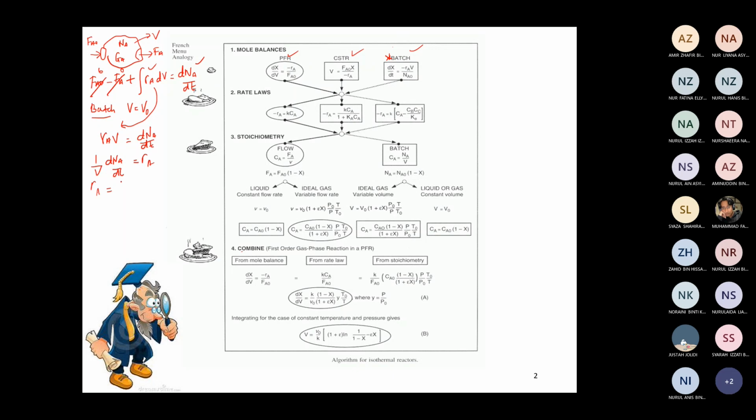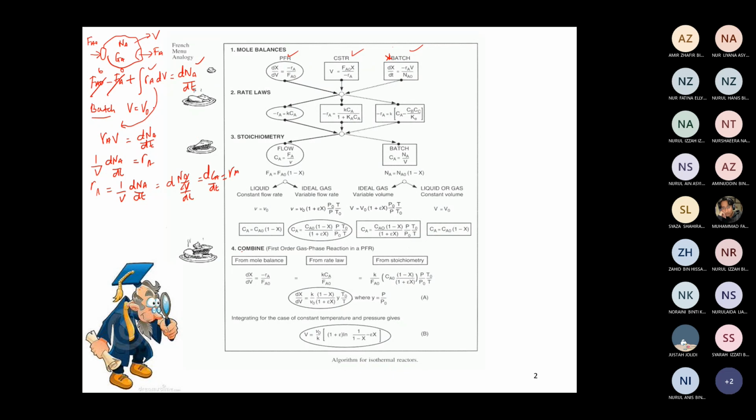So RA is equal to 1 over V dNA over dt. You can convert this to CA, because RA is usually in terms of CA. You can write it as d(NA over V) over dt, so this becomes dCA over dt is equal to RA.